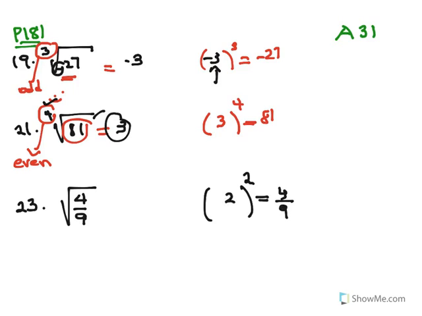I have to have a 2 in the numerator and a 3 in the denominator, right? Because if you multiply 2/3 times itself, you multiply numerators and denominators, and then you get 4/9. So 2/3 to the second power is equal to 4/9. So the square root of 4/9 is 2/3.